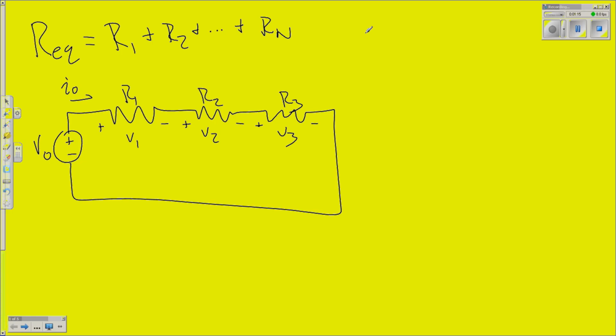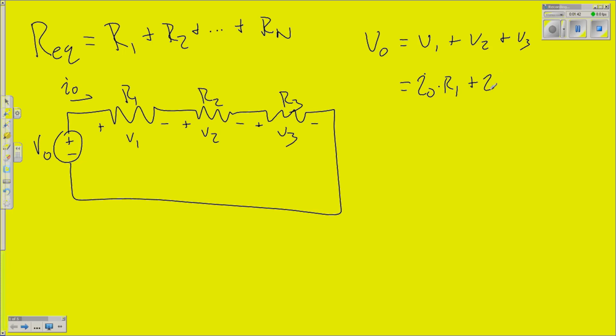Starting at the source, we know V0 is going to be equal to V1 plus V2 plus V3. Using Ohm's law now to translate this, we can put V1 into terms of current and resistance. So that's just going to be I0 times R1.